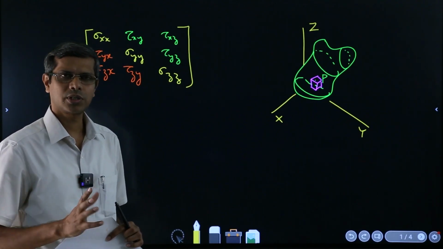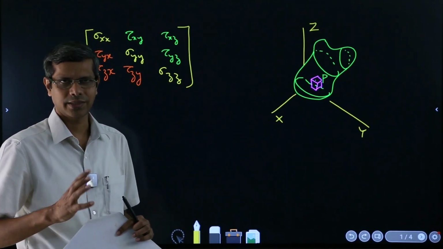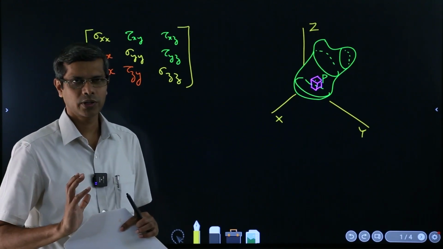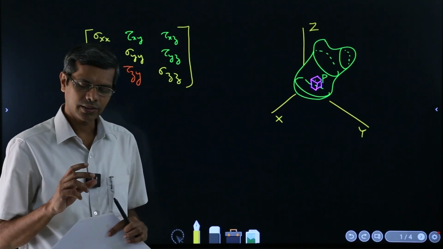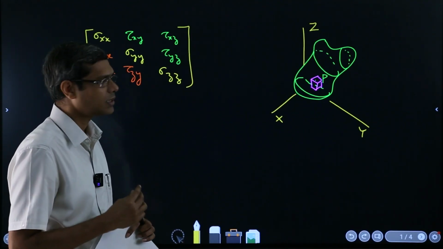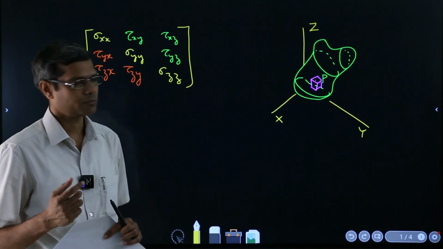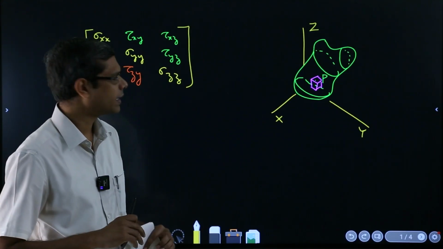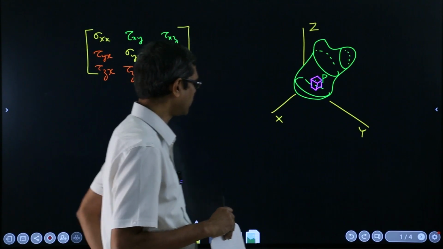So these two concepts are exactly the same. Either you think in terms of moving the coordinate system, or you think in terms of rotating the cuboid on which you are actually looking at the stresses.